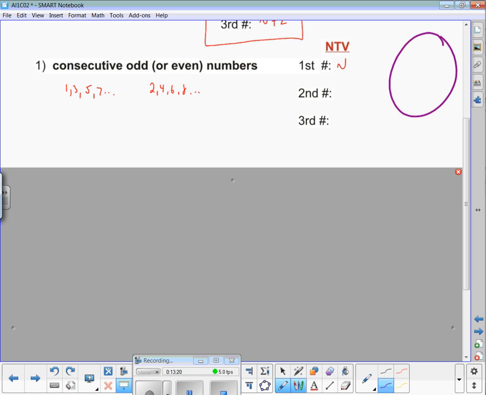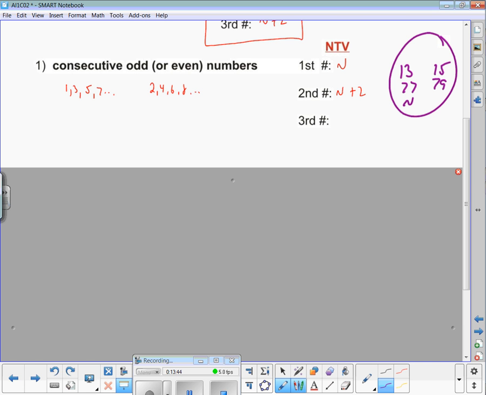If I say a number, tell me the next consecutive odd number, all right? 13, and you all say 15. Amazing. 77, and you all say 79. All right, so then n. And now hopefully you're going to say n plus 2, right? How did you get from 13 to 15? 2 more. I say, Mr. Scarfy, that's consecutive odd.